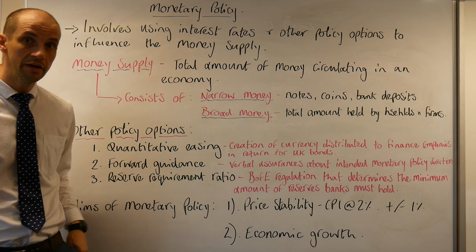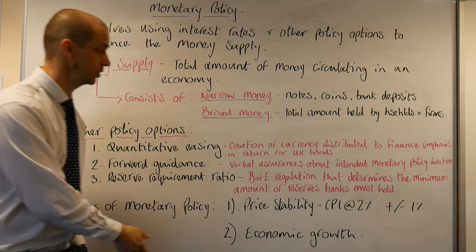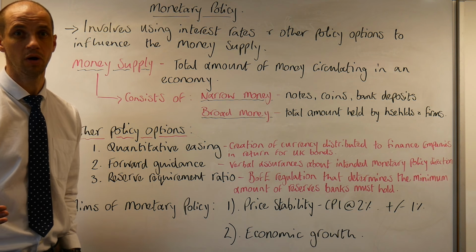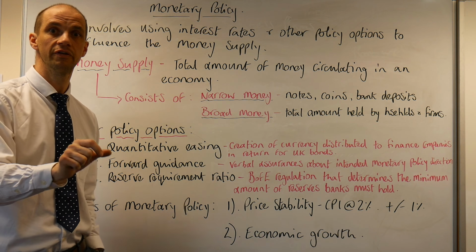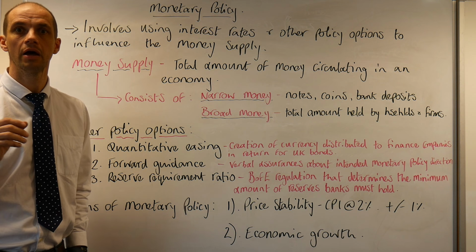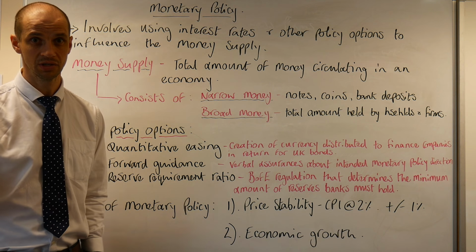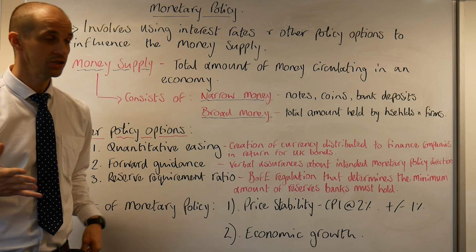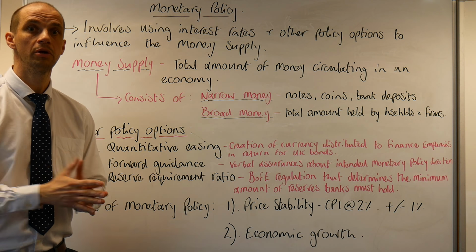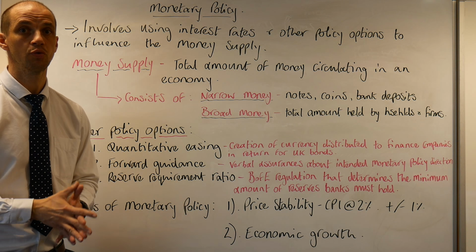Okay, if of course the Bank of England were to reduce that reserve requirement ratio and cut it to 15%, then for every £100 that is lent, they only need £15 in liquid assets. So that would mean that the available money supply in the economy would increase.